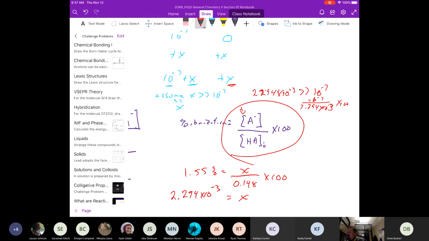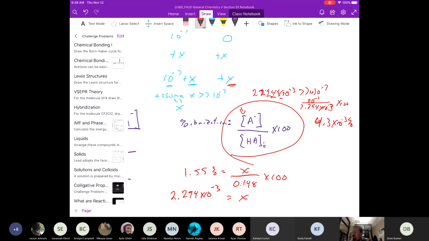And we find that this number is approximately 4.3 times 10 to the negative 3 percent. So this number is less than 0.01% of that number, which means that when we add them together, it is going to be an insignificant contribution. The number is still going to round to the 2.294 because this one is actually 2 decimal places further over, so it's going to be an insignificant change.